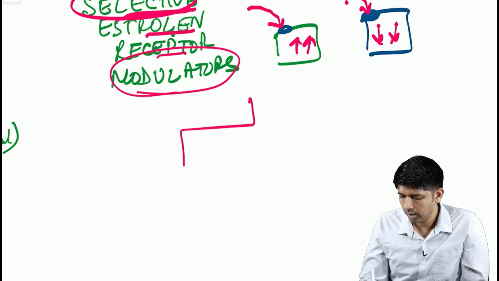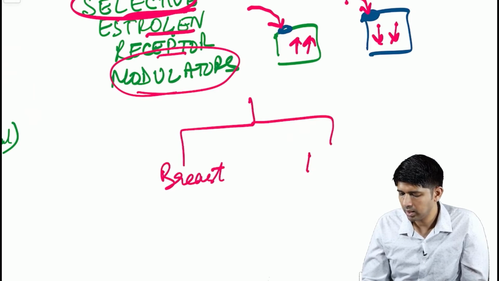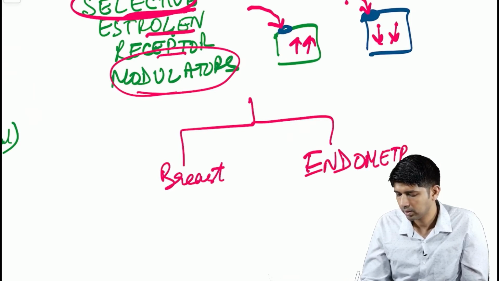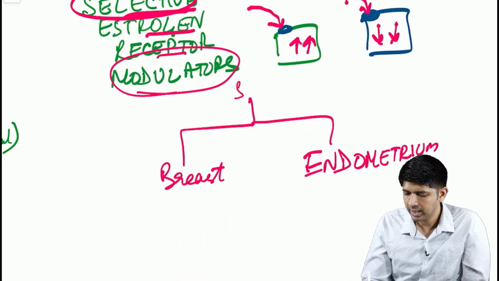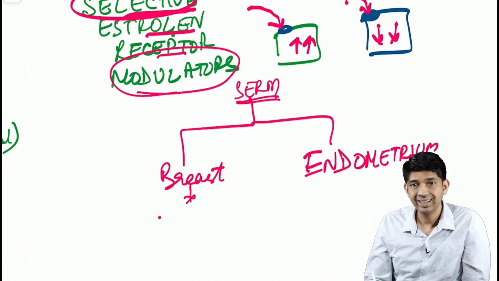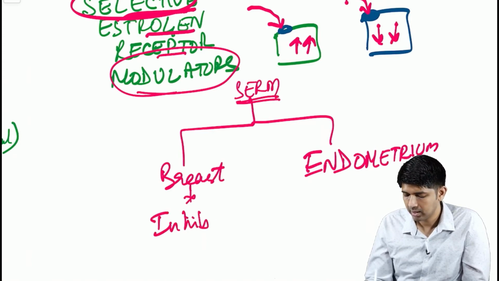So two areas that you need to remember: one is the breast, one is the endometrium. These SERMs, in the breast, act as inhibitors.